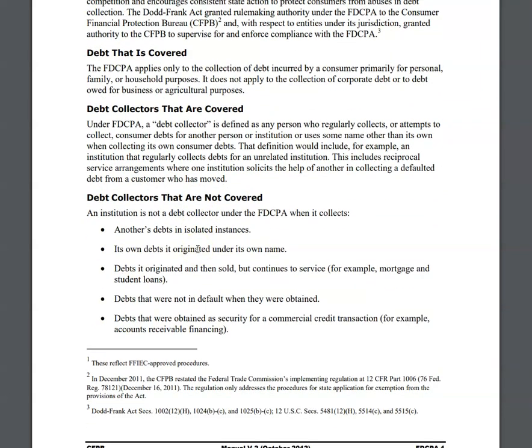All right, continuing. Debt collectors that are covered under the FDCPA: a debt collector is defined as any person who regularly collects or attempts to collect consumer debt for another person or institution, or uses some name other than its own when collecting its own consumer debt.